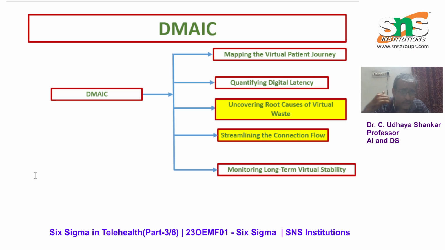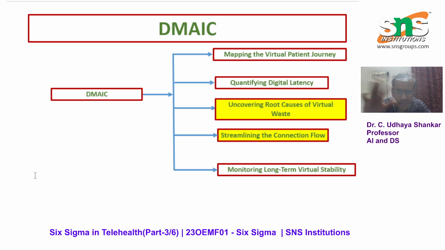Then in case of the improve phase, improve phase is nothing but streamlining the connection flow. For example, it will focus on eliminating non-value-added steps, and solutions might include automated pre-visit tech checks sent to the patient 15 minutes before their appointment to ensure their hardware is functioning.